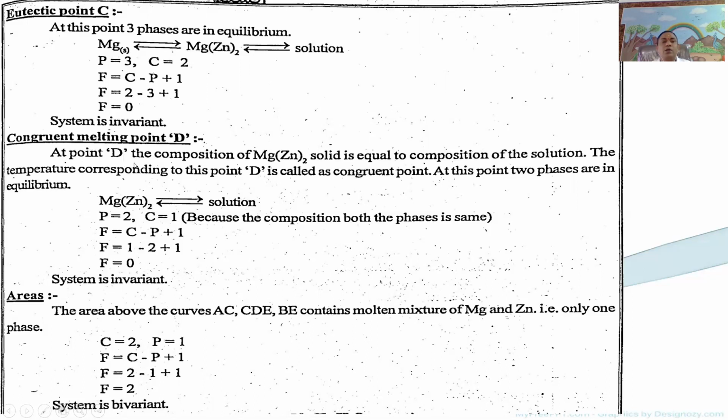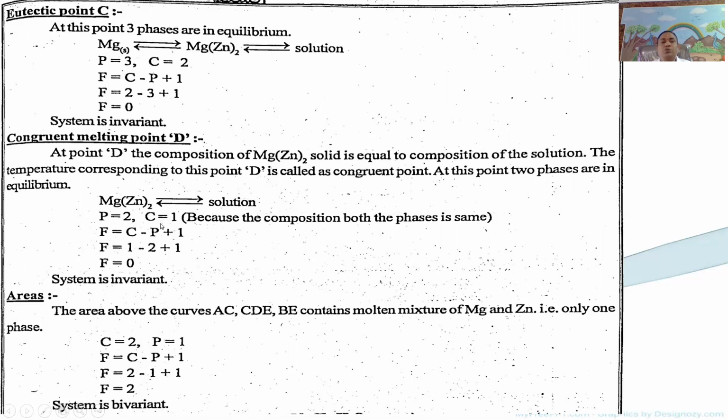Next, congruent melting point D. Here at point D, the composition of the magnesium zinc compound, MgZn2, solid is equal to the composition of the solution. The temperature corresponding to this point D is called the congruent point. At this point, two phases are in equilibrium, that is the magnesium zinc complex MgZn2 and the molten solution.